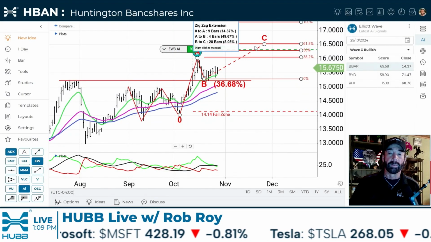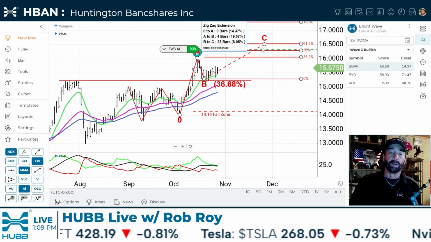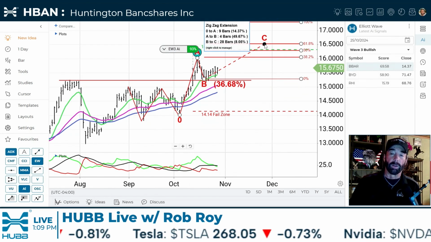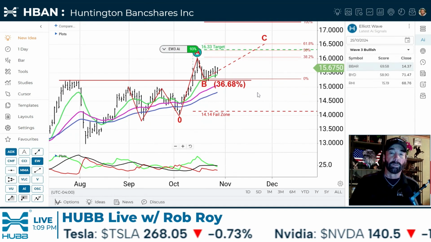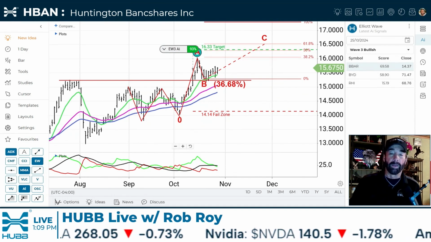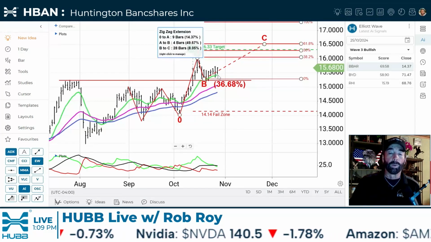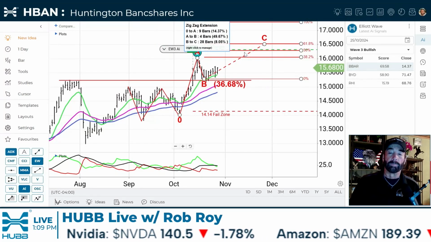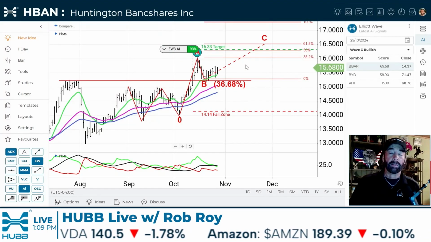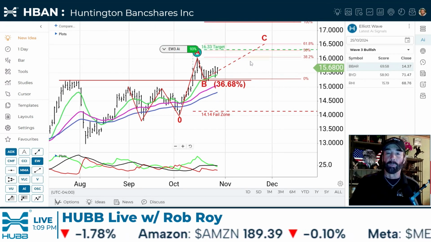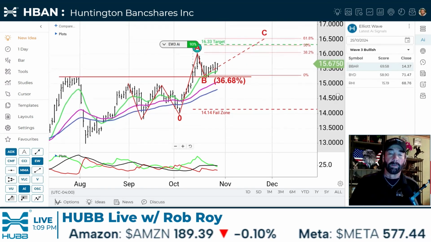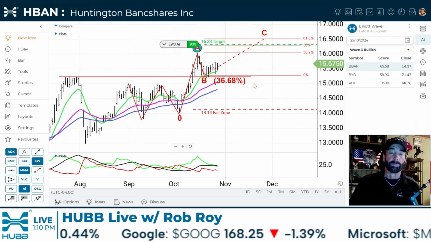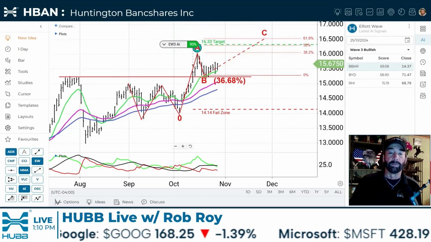I like it when they agree, but I also like it when the zigzag target is higher than the AI. So when we get to the target price here on the AI, we'll probably take that, but it will be a question on holding it just a little bit longer or go ahead and taking it off.